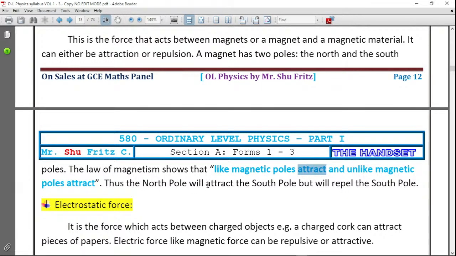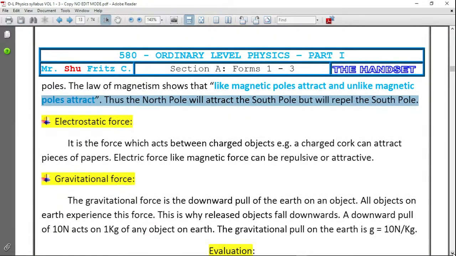Thus, the north pole will attract the south pole, but the north pole will repel the north pole. So this means that north-north will repel, but north-south attract.